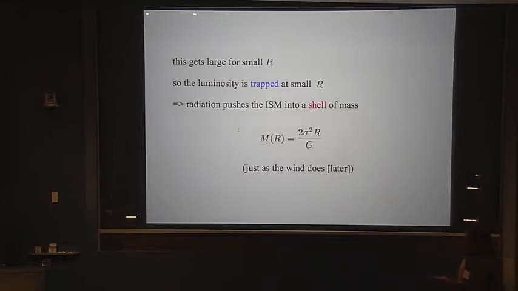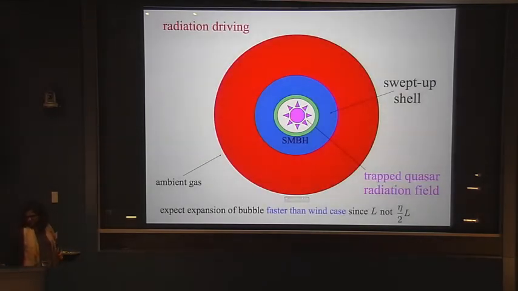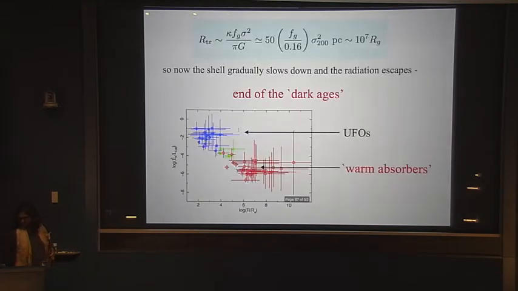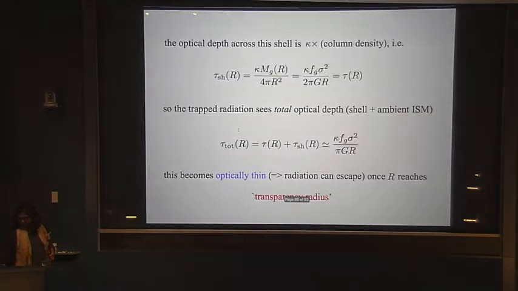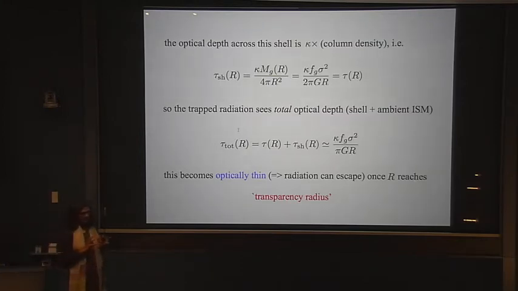Because this is not compatible with the optical depth, as you... Yeah, so the optical depth going as 1 over r tells you that as you're getting closer and closer to the nucleus, the optical depth is really large, so you trap a lot of radiation, and then you are going to have a puffy disk. You're not going to have a thin disk.